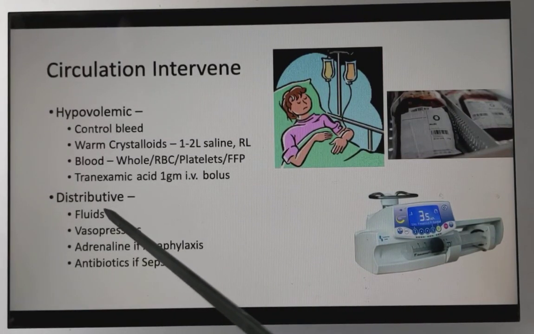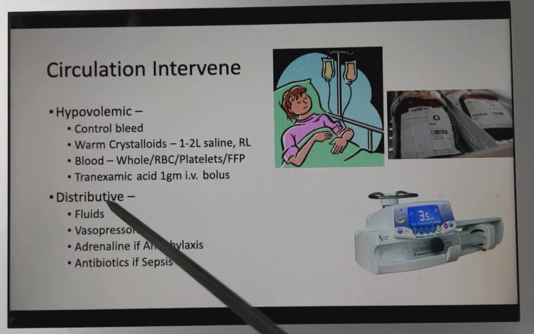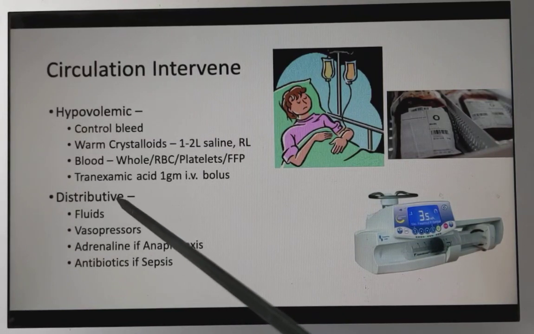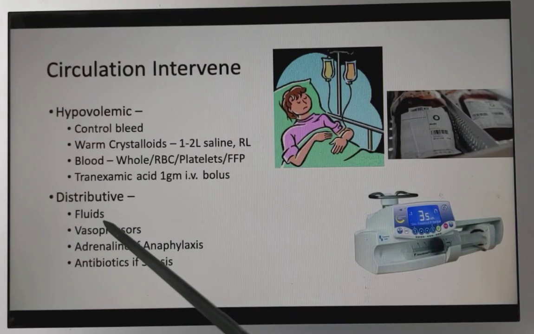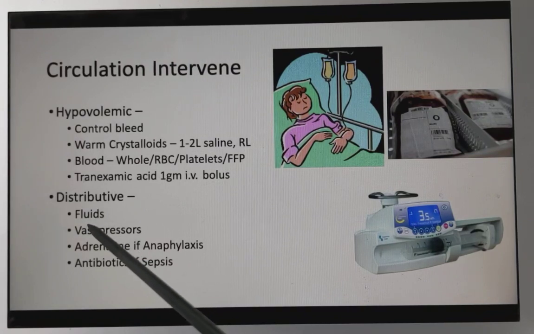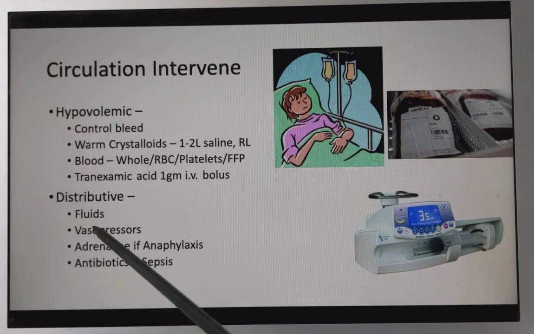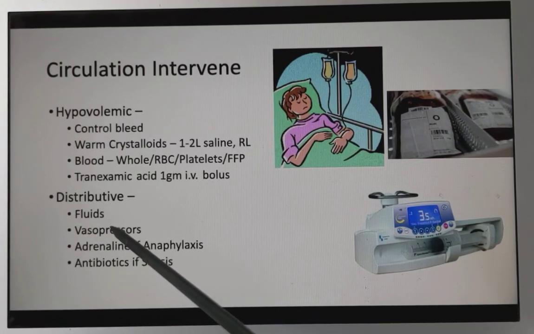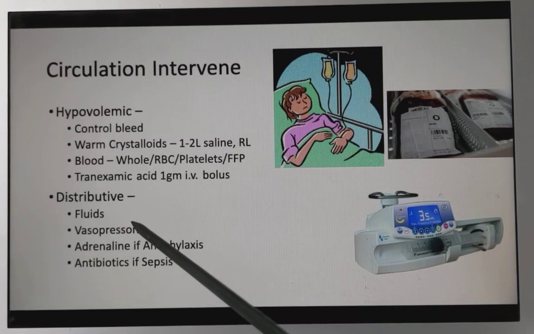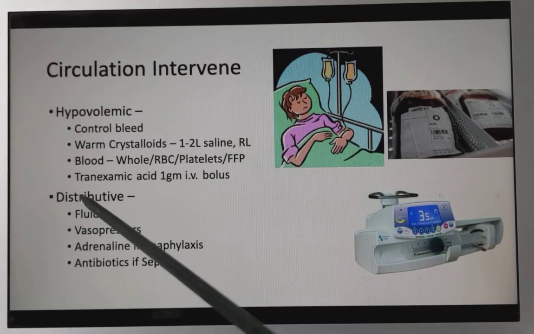So what if it is a distributive shock? Like septic shock and things like that. So you would give fluids first, and if you've given 2 liters of fluids and no response is coming, you have to give vasopressors.